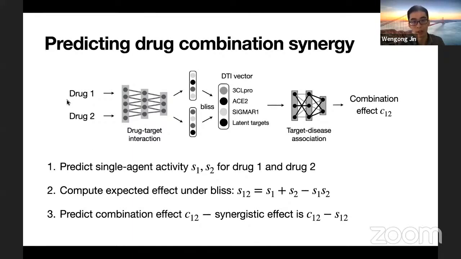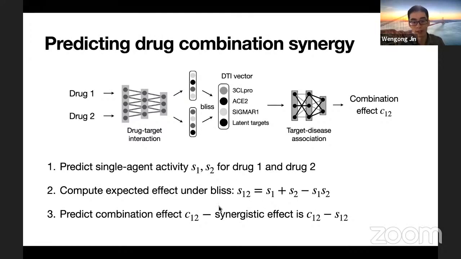But in order to quantify synergy, we need to compare it to the additive effect of these two drugs. To do this, we feed these two drugs individually to the model to predict their respective antiviral activity. Here we have S1 and S2. These are the predicted antiviral activity scores for each individual drug. Then, again utilizing the Bliss independence assumption, we compute the expected effect of these two drugs, S12.